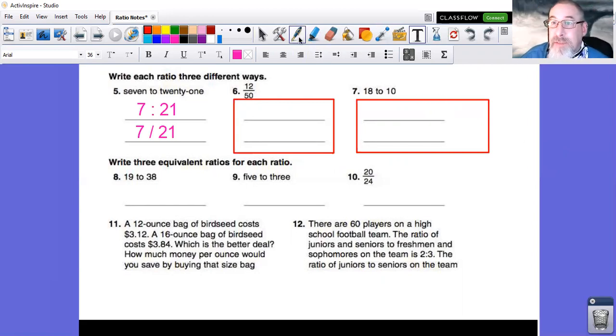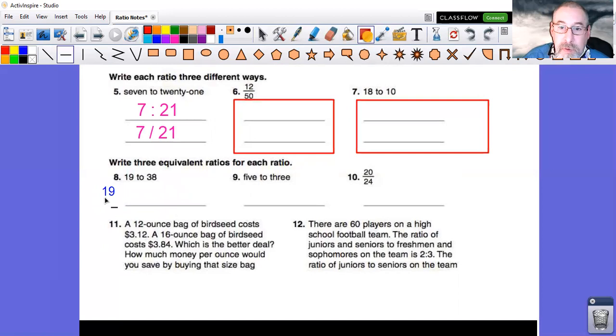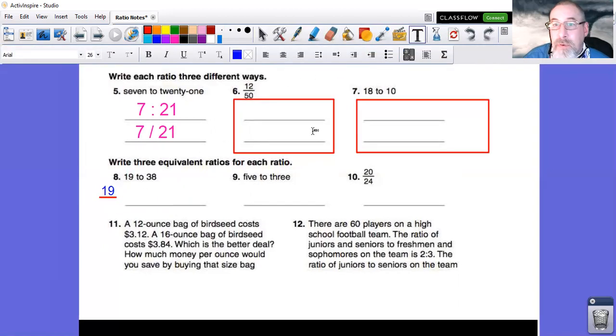So if I take this 19 over 38, because that's what that's saying, 19 to 38, and I want to write equivalent ratios.